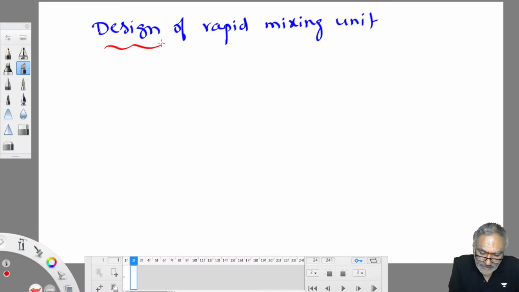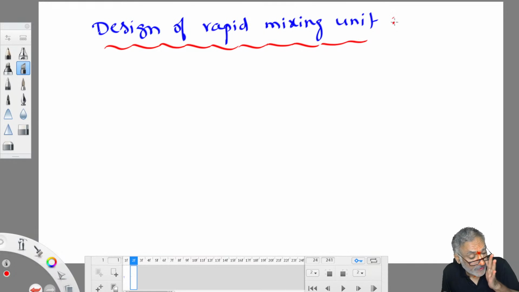The purpose we wrote already. The rapid mixing unit is used for blending the chemical coagulant in water, mixing the coagulant uniformly in water.